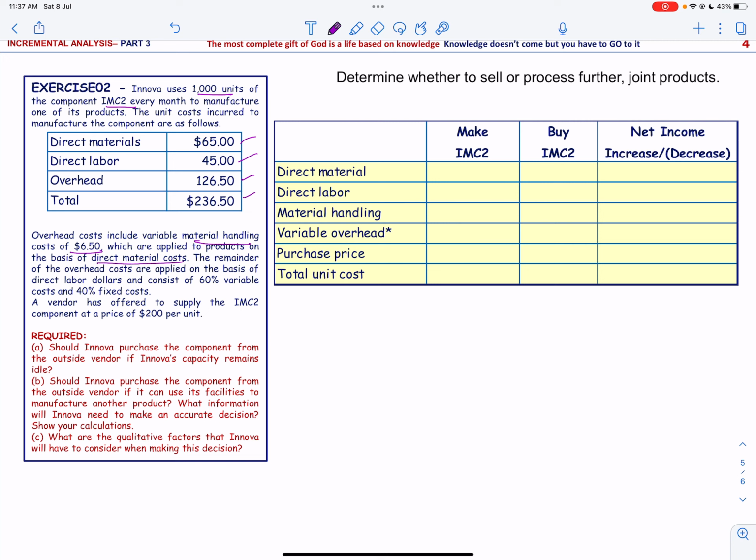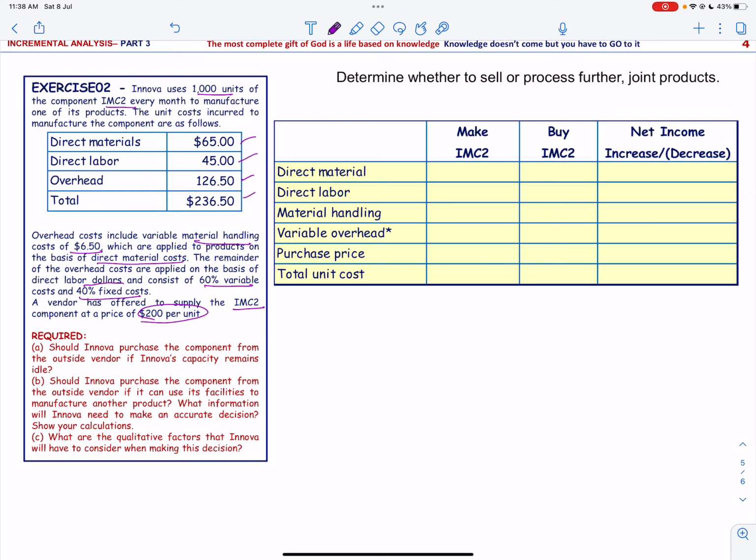The remainder of the overhead costs are applied on the basis of direct labor dollars and consist of 60% variable cost and 40% fixed cost. The vendor has offered to supply the IMC2 component at a price of 200 per unit. So should Innova purchase the component from the outside vendor if Innova's capacity remains idle?